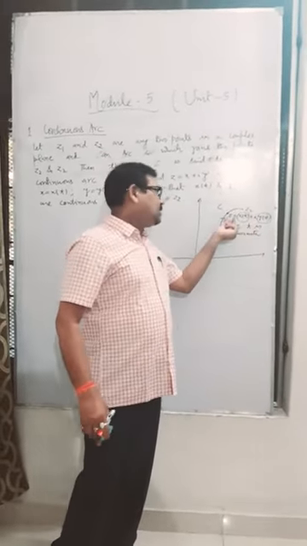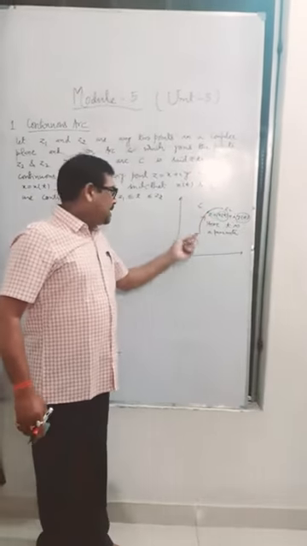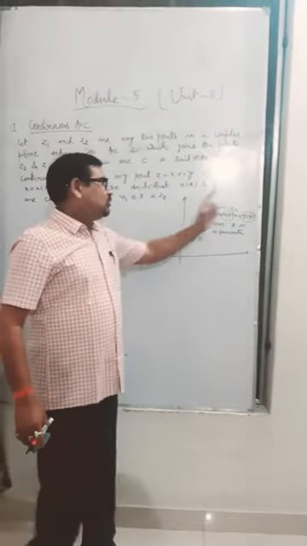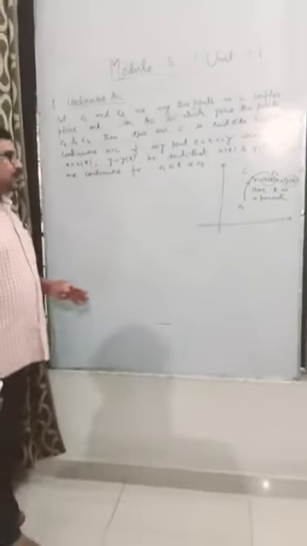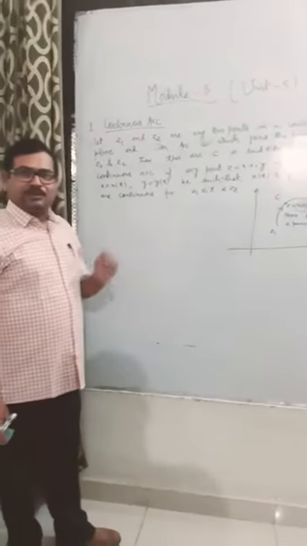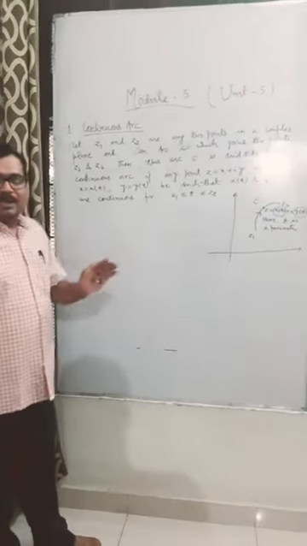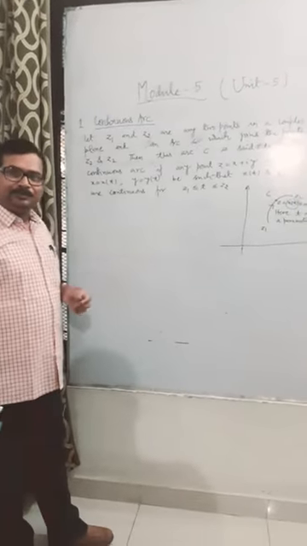Meaning thereby there is no gap between the points z1 and z2 in the arc joining them. So this arc is known as a continuous arc.